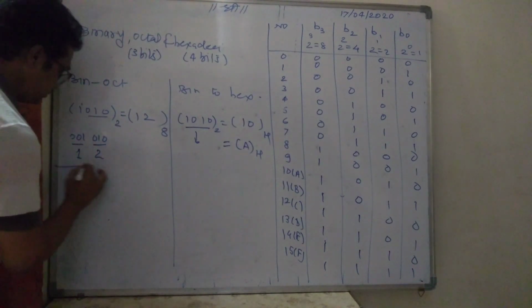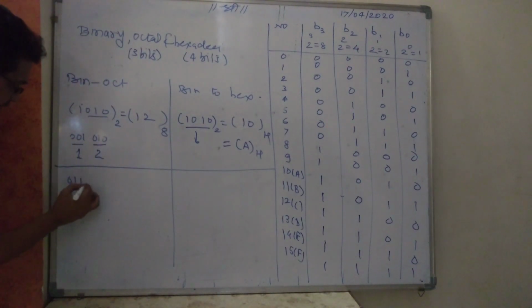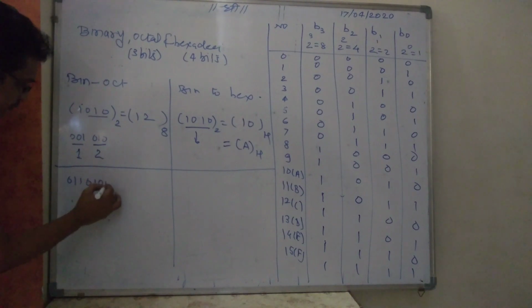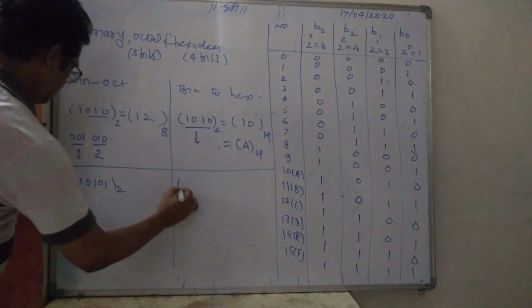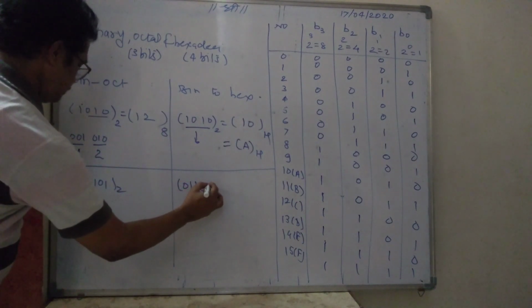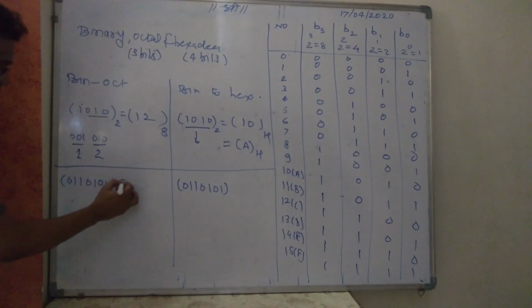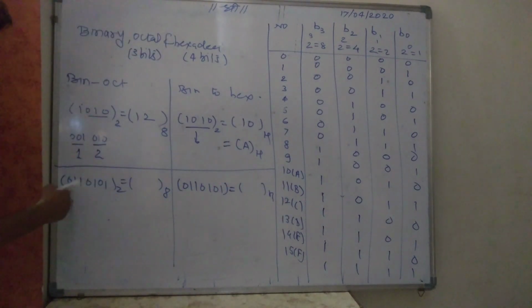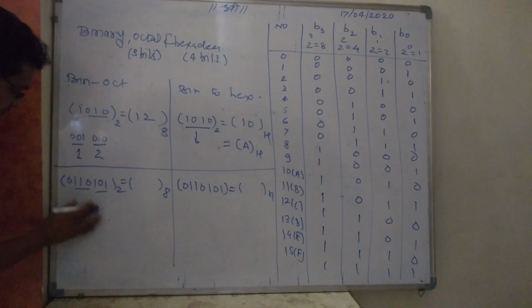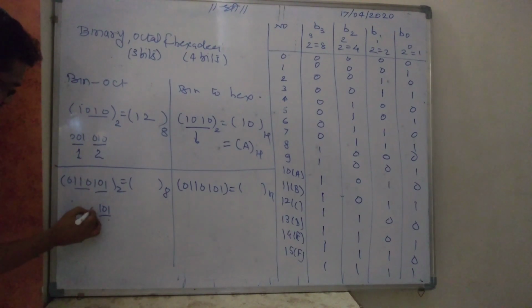Right? So another example I will take: 0 1 1 0 1 0 1. I am writing same number here. Form group of 3 bits for octal.